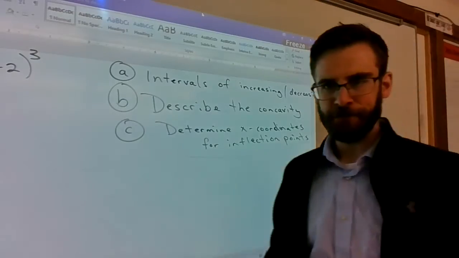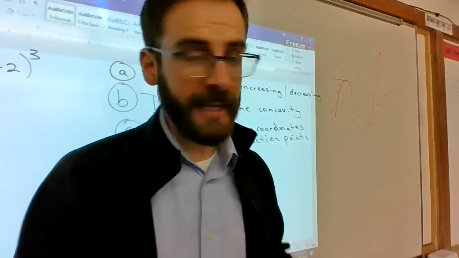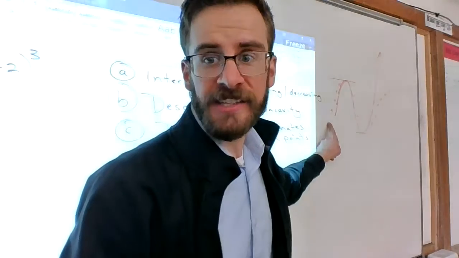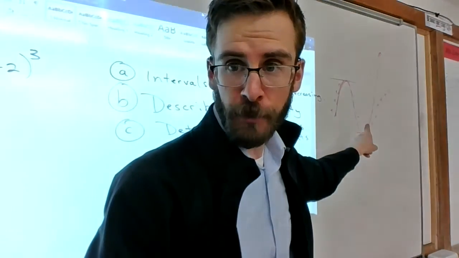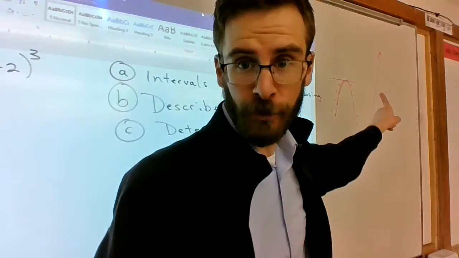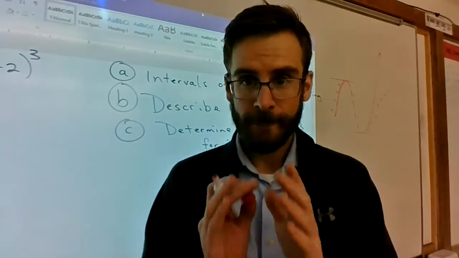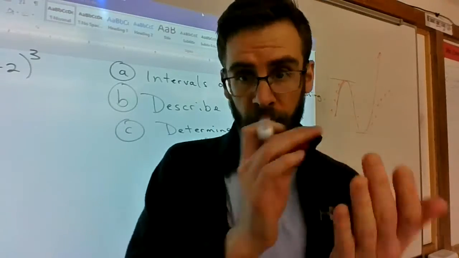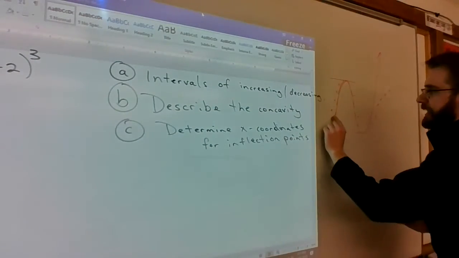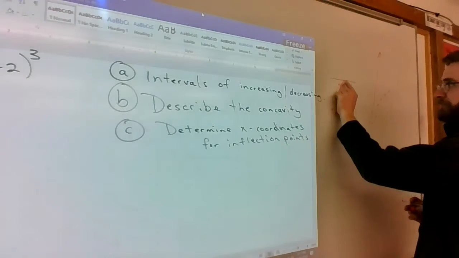So here's the idea. You can clearly see that this function is increasing as you move this way, and then it moves to decreasing as you move down, and then it moves back to increasing in this way. The slopes of the tangent lines correspond with the increasing nature of the function.